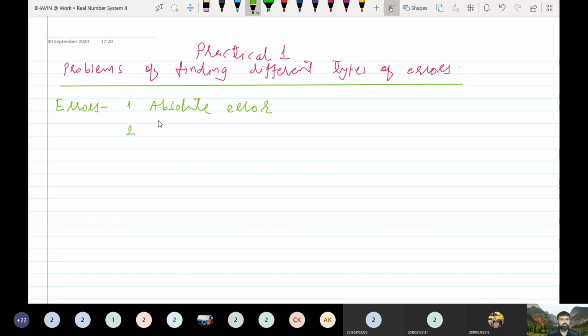Second one is relative error. And third one is percentage error. So there are 3 types of errors. So let us define each of them. Let me define first of all absolute error.